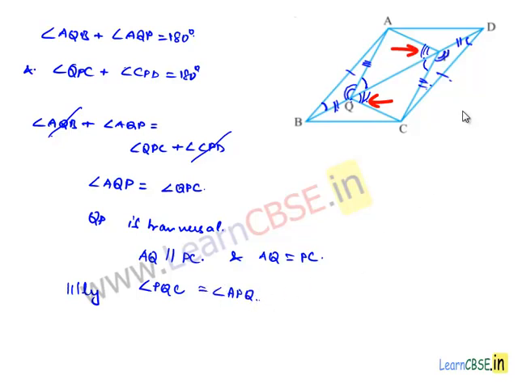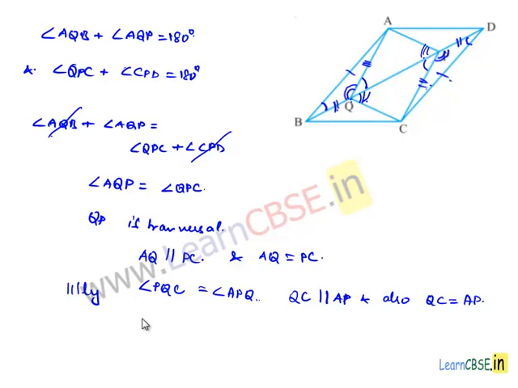So here also the two alternate interior angles about transversal QP are equal. So we can say QC is parallel to AP, and also initially we got that QC is equal to AP.